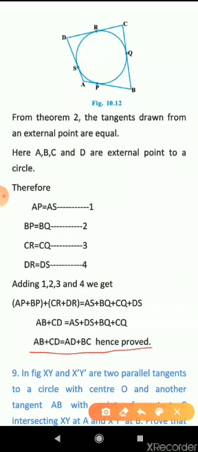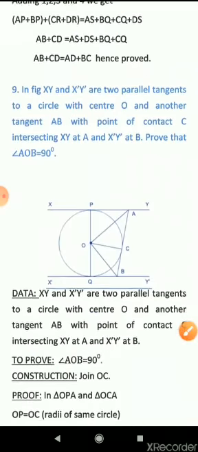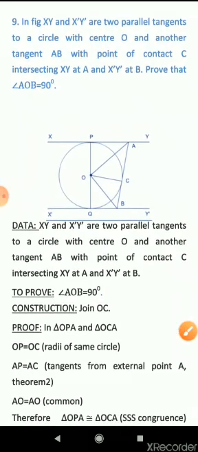Let us move on to the next question, the 9th question. This is also very important and a little bit difficult. Many times they ask this, and don't worry, there is an option for you. When they ask this lesson, the circles lesson, in the exam, there will be a choice for this question.